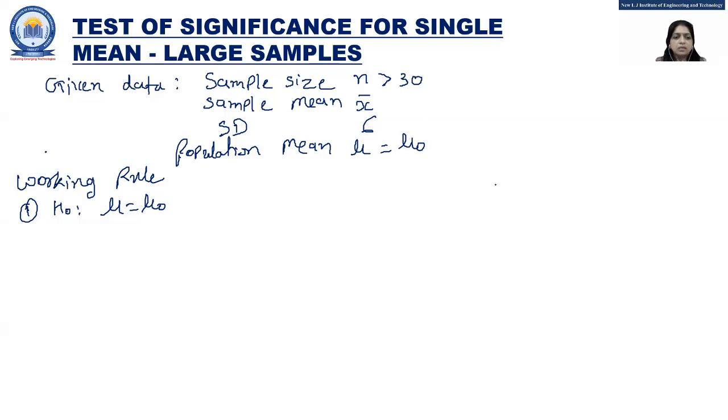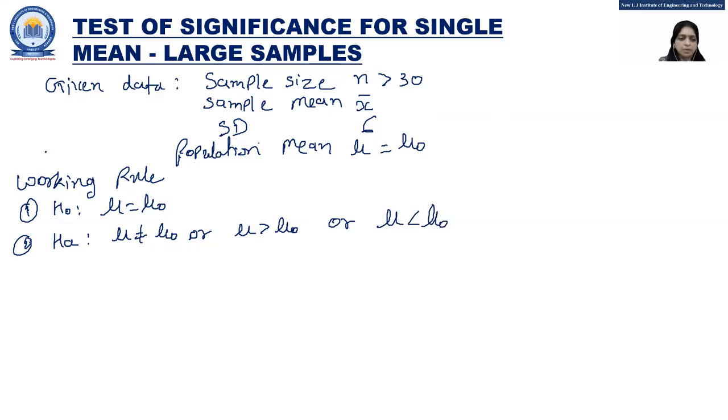The second one is the alternative hypothesis, denoted by HA, and there are three possibilities: either mu not equal to mu zero, or mu greater than mu zero, or mu less than mu zero. That depends on the particular example.